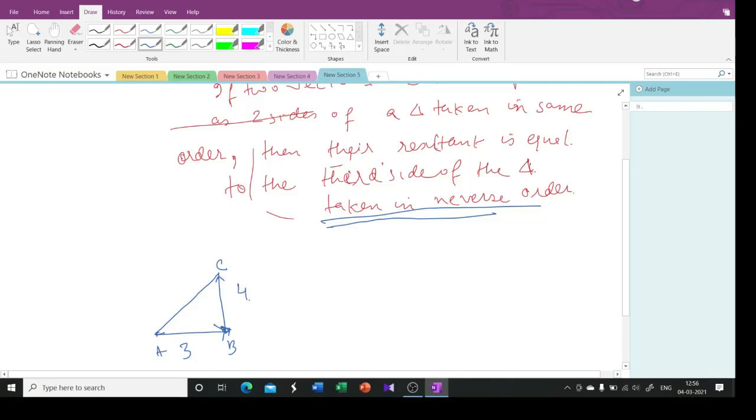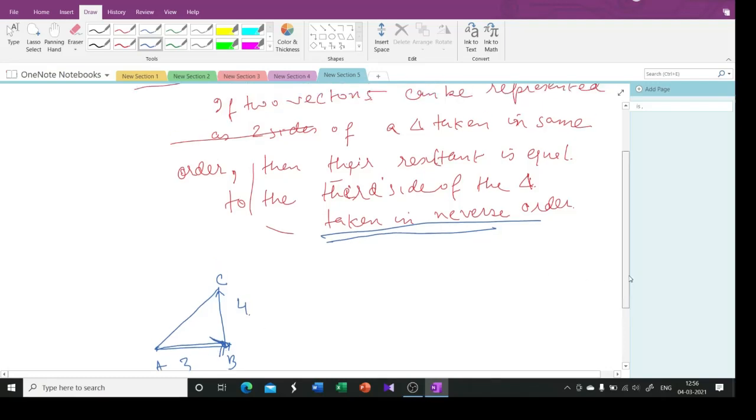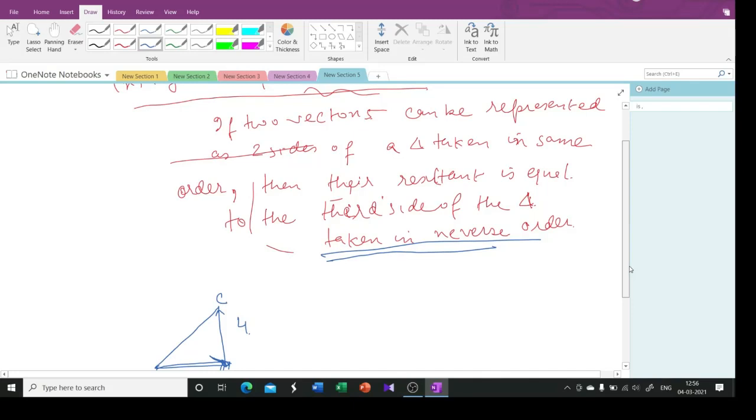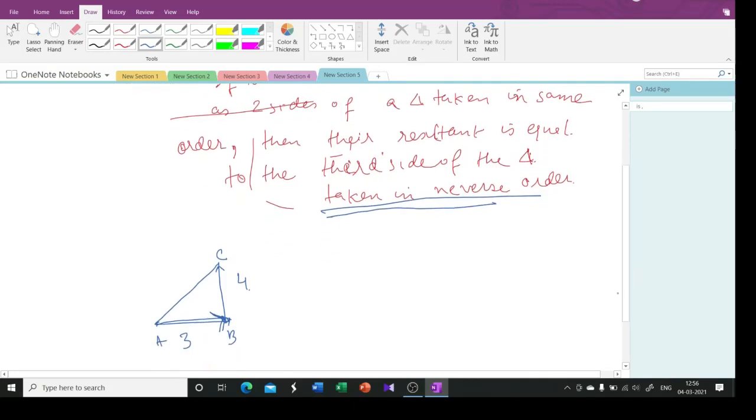So this forms a triangle, right? So what does our statement say? If two vectors can be represented as sides of a triangle taken in the same order. Same order means that the head of one coincides with the tail of the other. See the vector here, it's pointing in this way. The tail is first, and then the head comes. Similarly for the BC vector, the tail is here, and then the head comes.